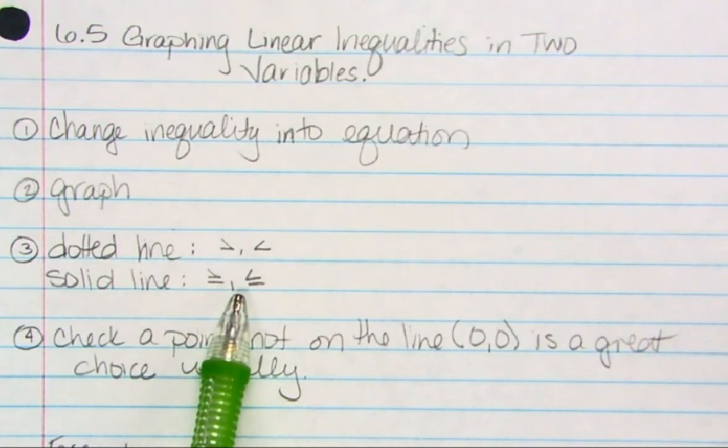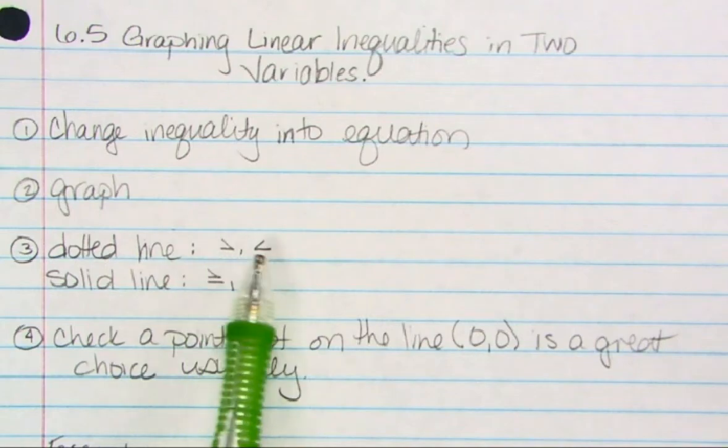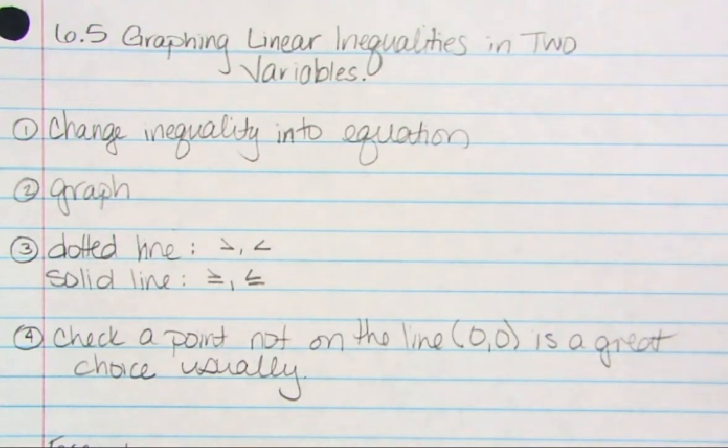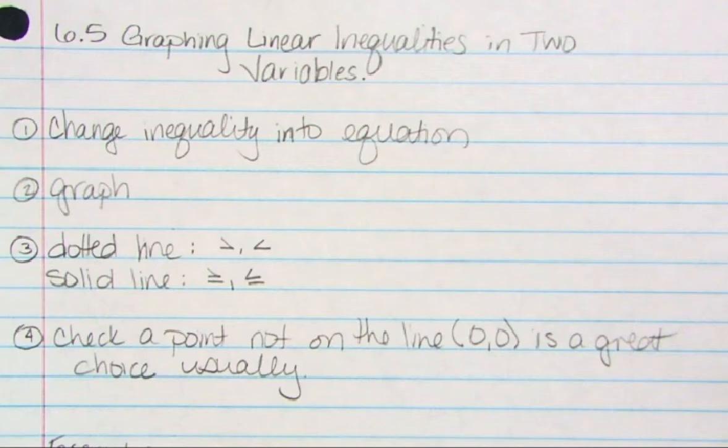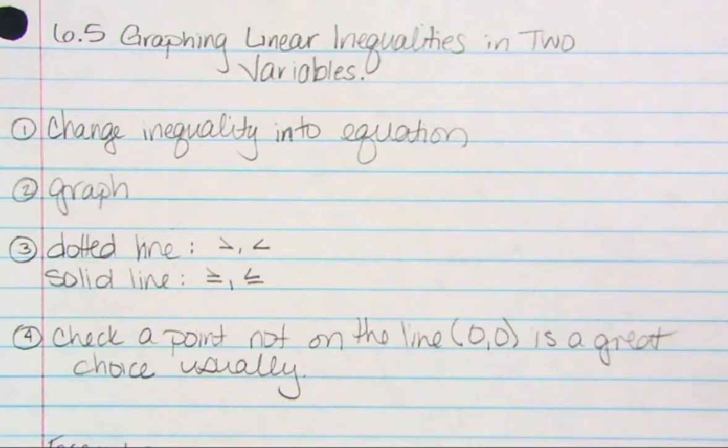If it had the equal sign, we had a closed dot. Very similar here, we make a dotted line if it's greater than or less than, to say the numbers on this line cannot be included, but anything on either side will be included.